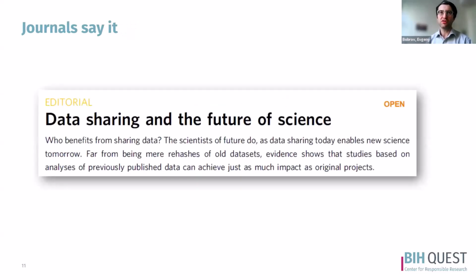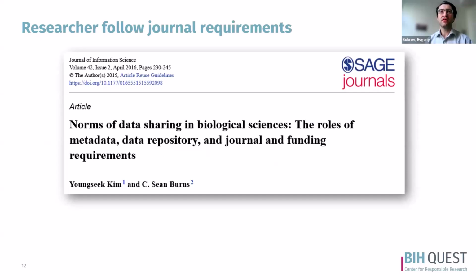And of course, journals are also saying this. This is just one editorial which states that, but there are many more in the same vein. Importantly, there has been a study which looks at researcher views and opinions and how they're impacted by different norms or requirements.